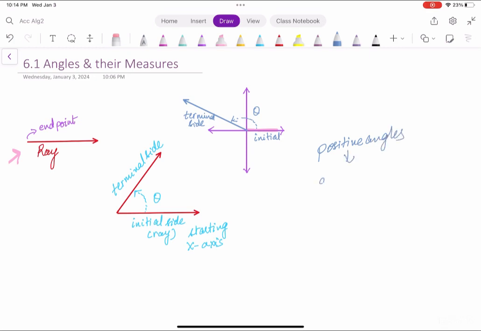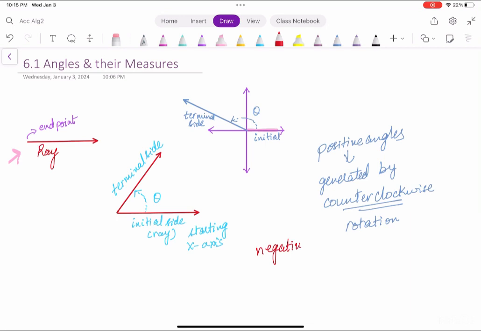We can have the positive angle. We generate positive angles by counterclockwise rotation. On the coordinate plane, counterclockwise always gives a positive angle. For the negative angle, the rotation will be the other way around.